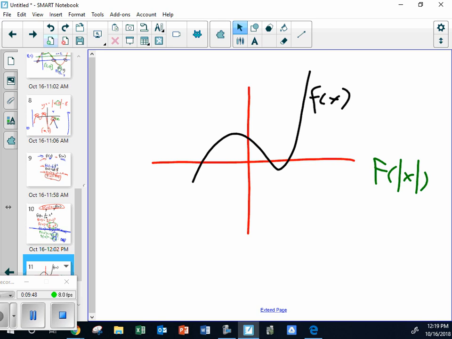The x's that were negative now are being changed with an absolute value. Okay, in case you forgot how this one works, it's the x's that are negative, which are these. And those go away because you just absolute valued them.